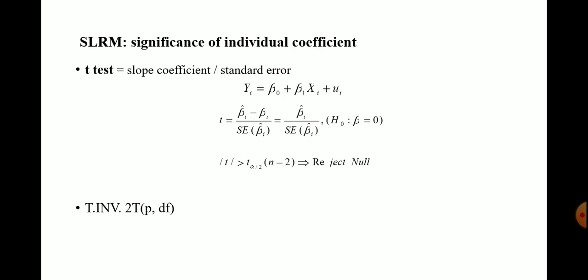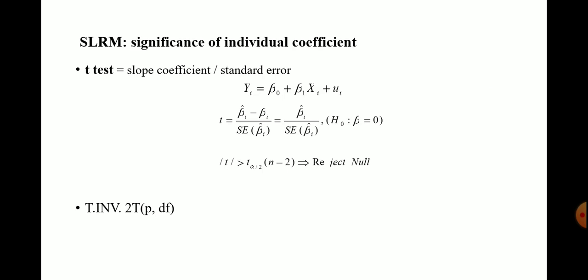The t-test is used to test the individual significance of the parameters, beta cap 0 and beta cap 1, separately. In a multiple regression model there may be two or three or more independent variables, and there you can check the significance jointly. For that you have to use the f test.